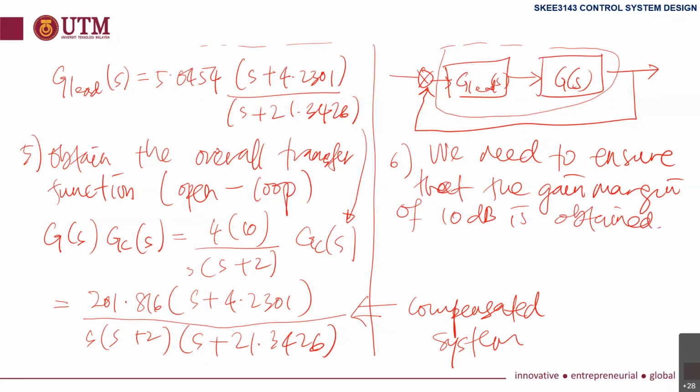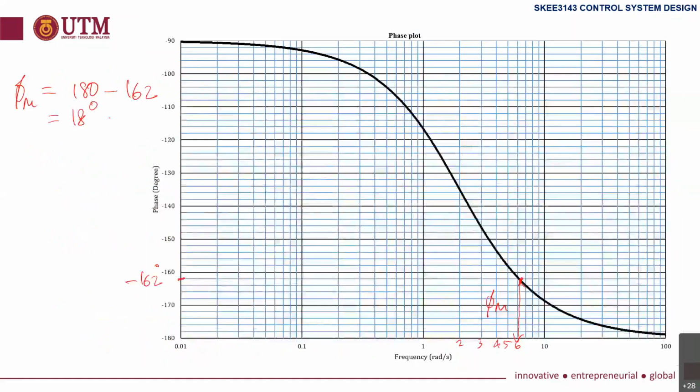For this question, I will show it after this. You can see here the original system G(s) is 40 over s(s plus 2).